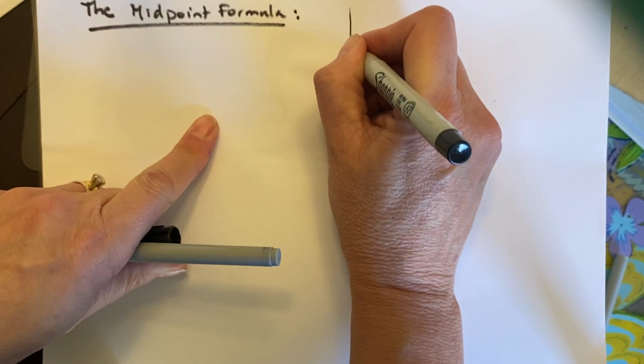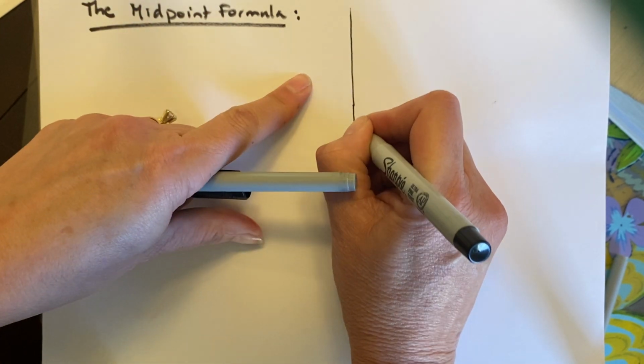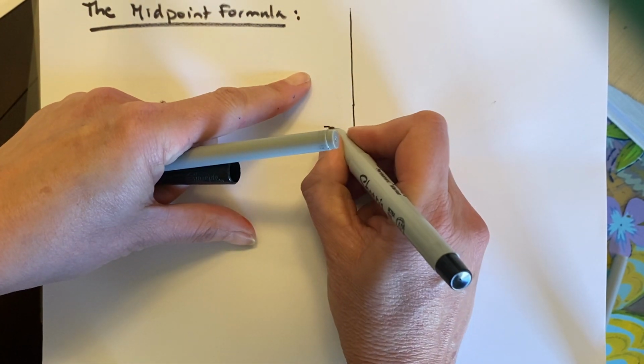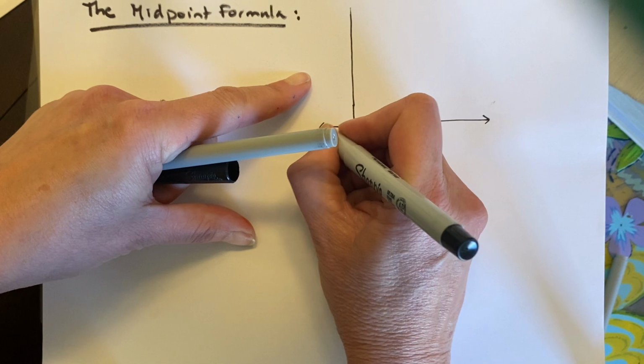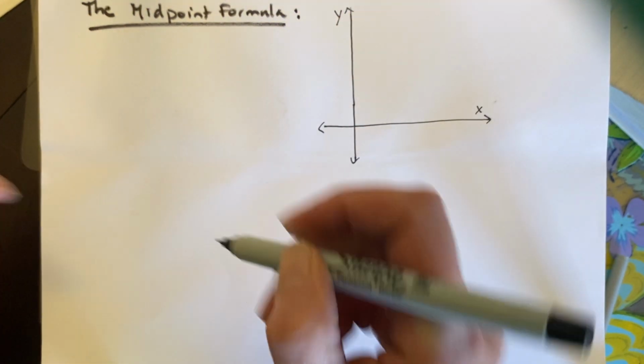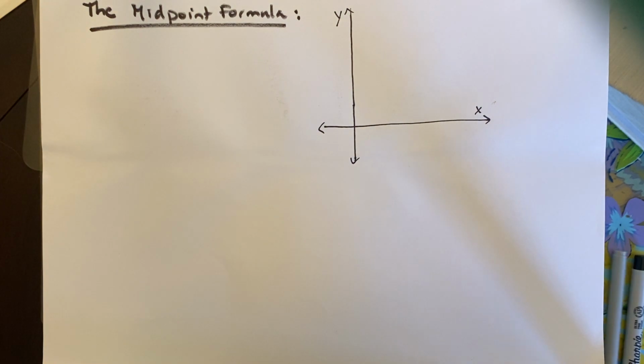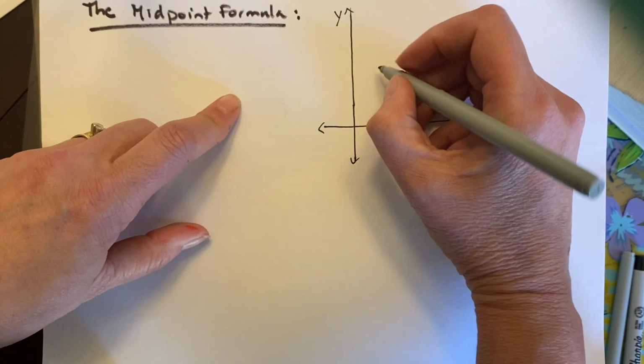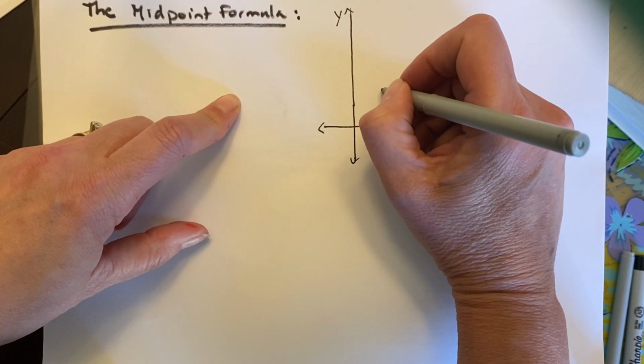a formula given to you if you have a line segment in a coordinate system, which I'm going to draw right now. With given coordinates, and we want to find the midpoint, the exact coordinates of the midpoint of that segment.